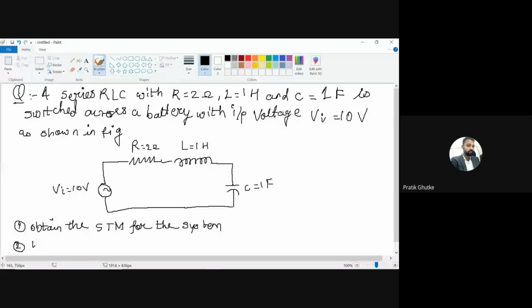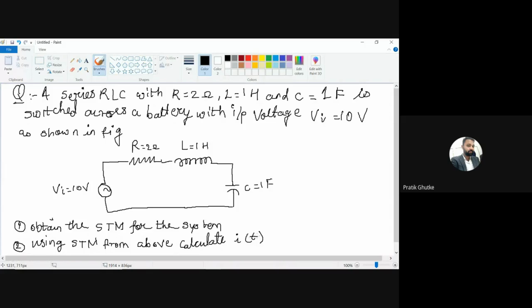So first of all, you have to calculate the state transition matrix. With the help of this state transition matrix, we have to calculate the current I of t. So this was your question.